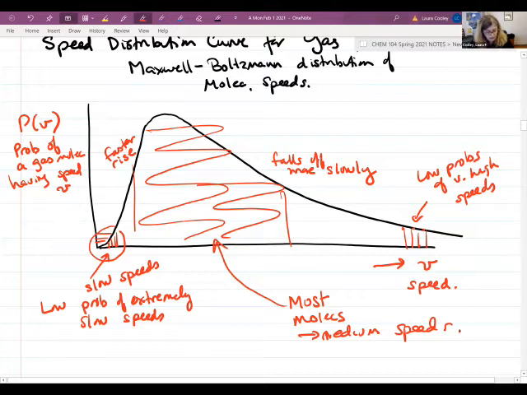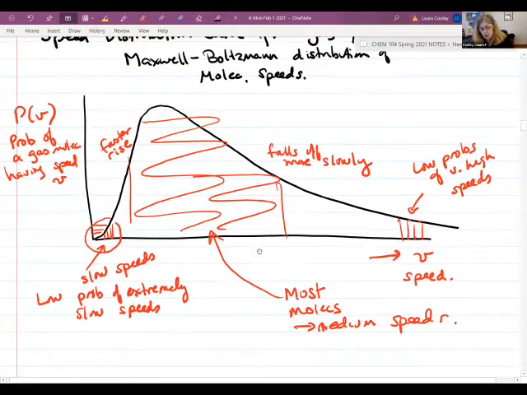Okay. So the exact appearance, the exact mathematical function of this curve is not relevant at all to us here. But what I do want you to get out of this is to know what this means, and know how the shape of this curve changes as you change the temperature and as you look at gas samples that had different molar masses.